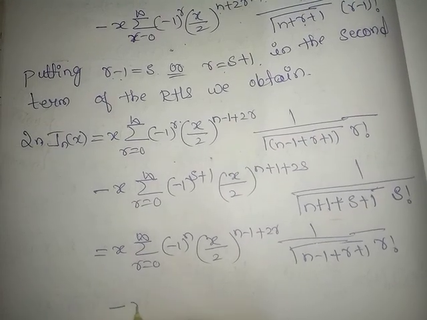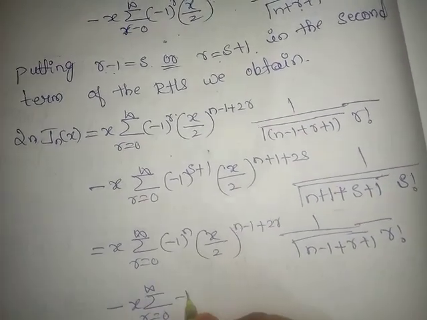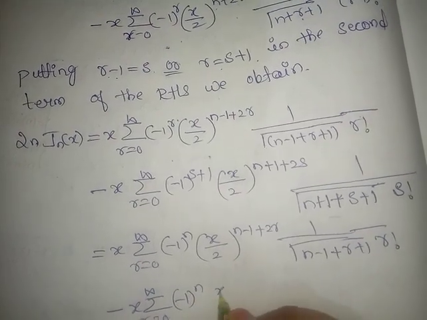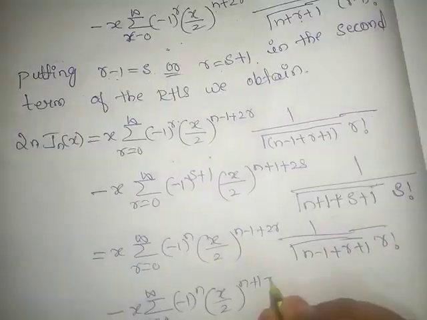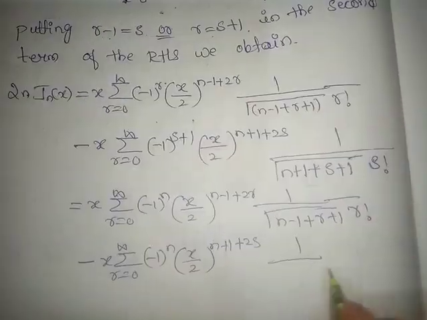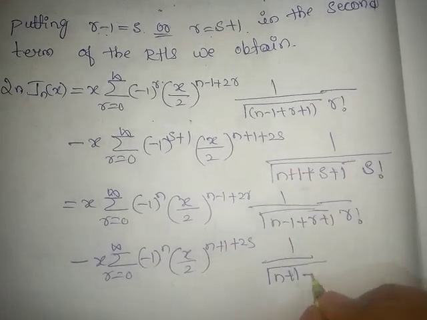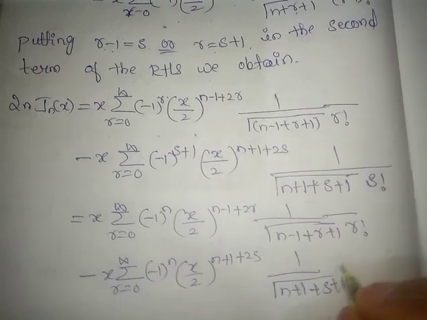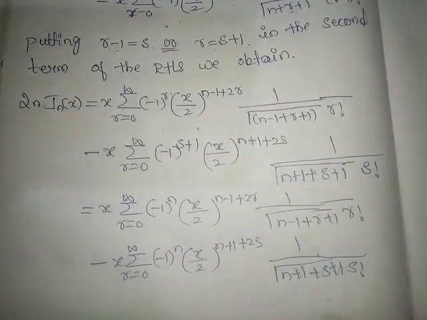Next term is x into summation r running from 0 to infinity, minus 1 raised to s, x by 2 raised to n plus 1 plus 2s, into 1 divided by gamma of n plus 1 plus s plus 1 into s factorial.